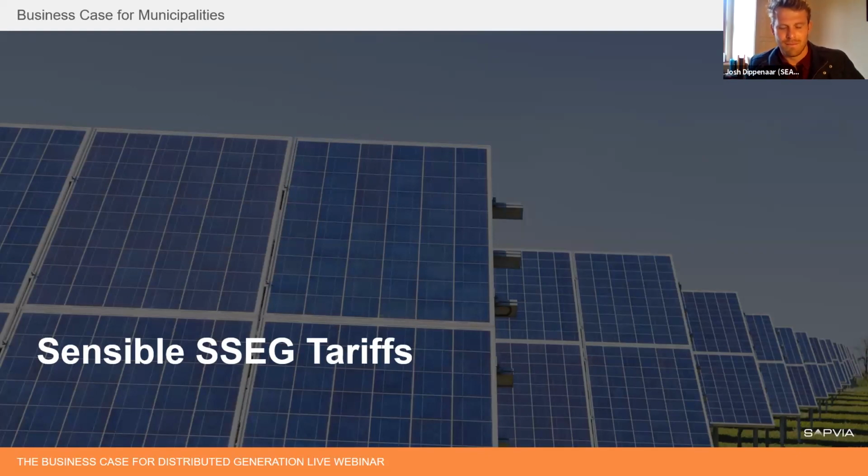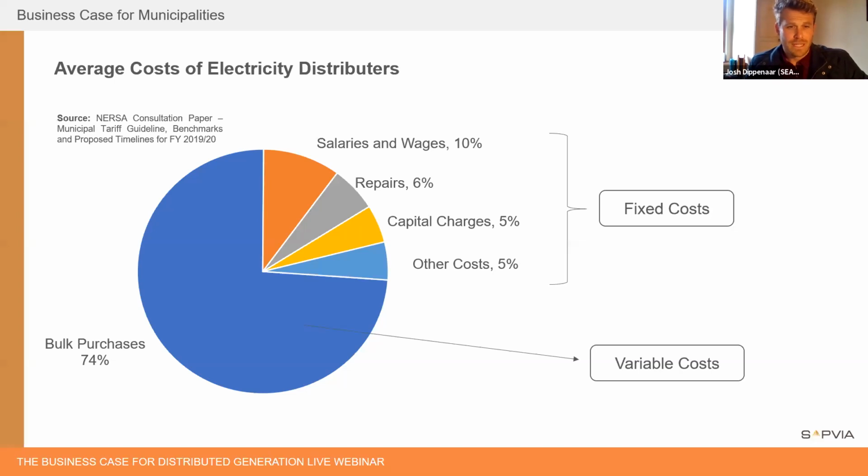So if we go into it, Kim, okay, a departure point for a sensible tariff, I think first is to recognize that municipalities do have these fixed costs and not all their costs reduce when customers consume less electricity. So solar does reduce the municipalities' energy purchases from Eskom, but it doesn't reduce their salaries, repairs, capital charges, other costs.